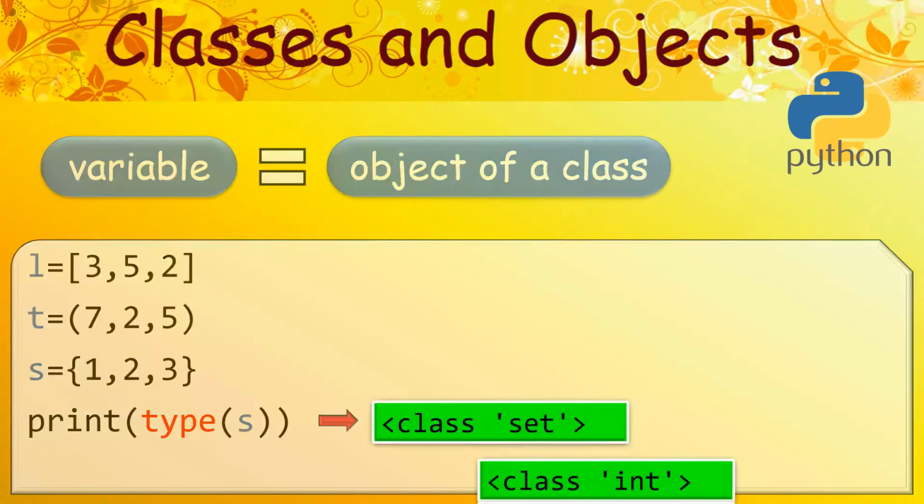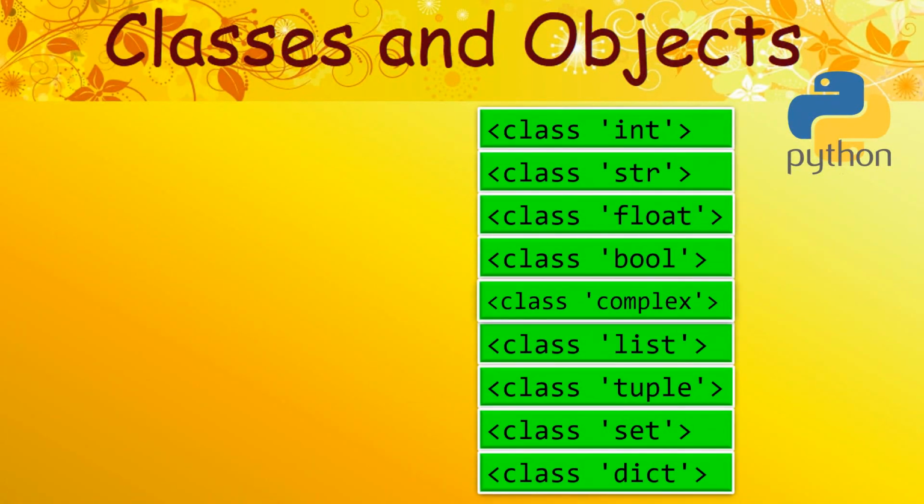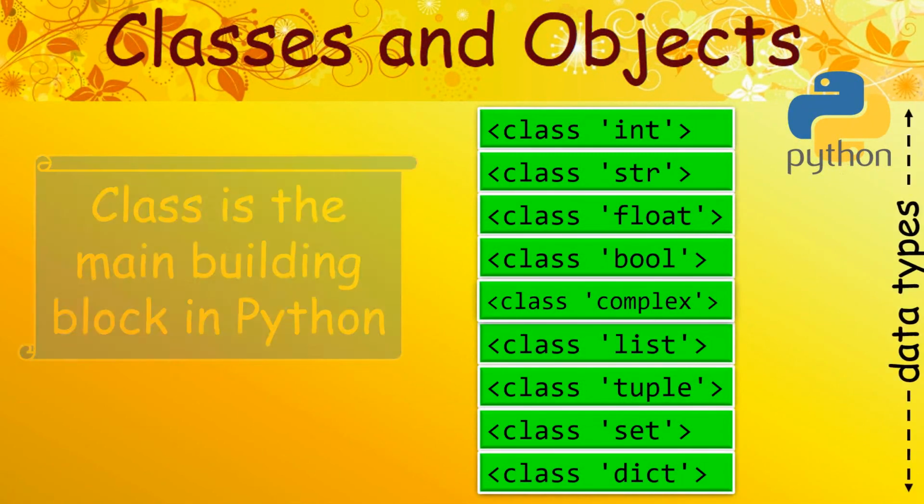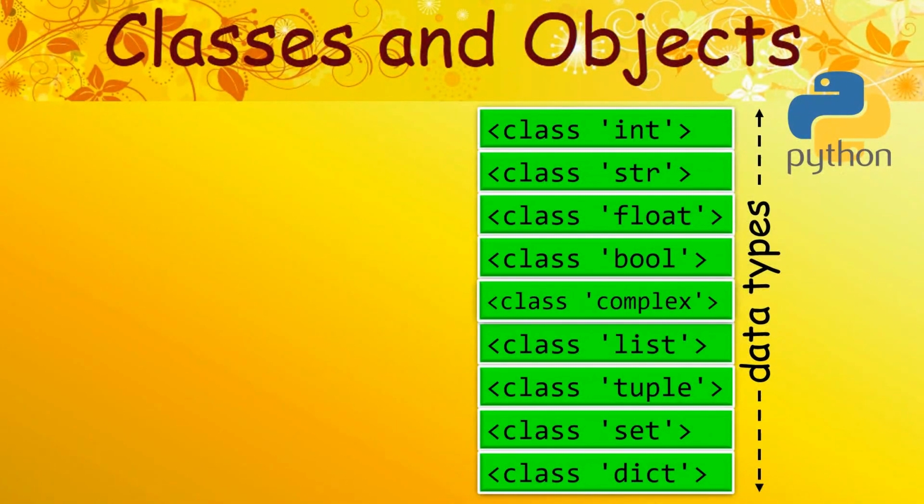From all this, it is clear to us that class is the main building block in Python. Whatever you create in Python is an object of a certain class. That is why class is the main building block in Python. What you see here are some of the data types in Python: int, string, float, bool, complex, list, tuple, set, dictionary.